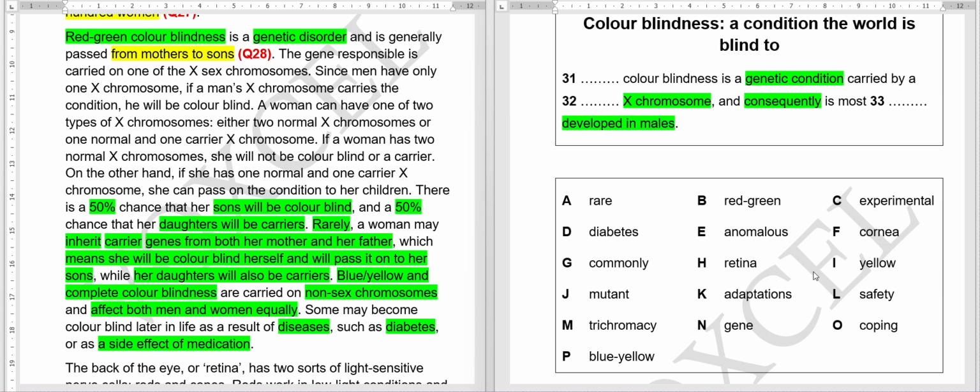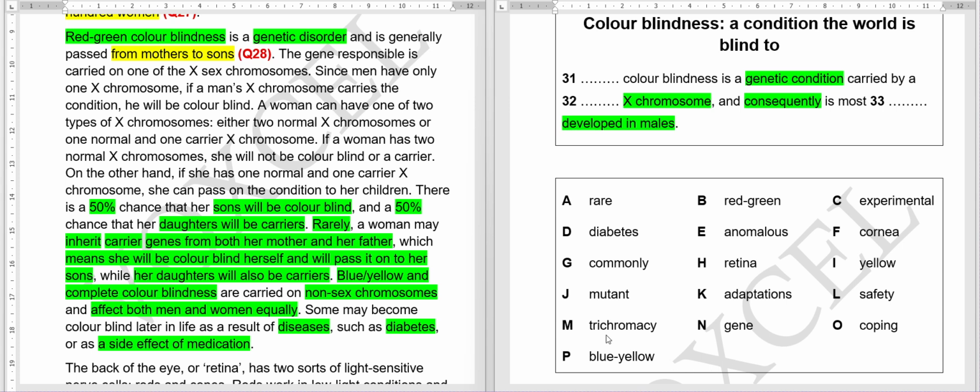Commonly, simple word. Retina. Yellow, color. Mutant, that is like something different from normal. Like if you have watched X-Men, they were called mutants, so they have changed something in their DNA. They have some kind of special thing in their DNA, some kind of disease in their DNA or genes that made them different from normal people. Adaptation, that's a normal word.